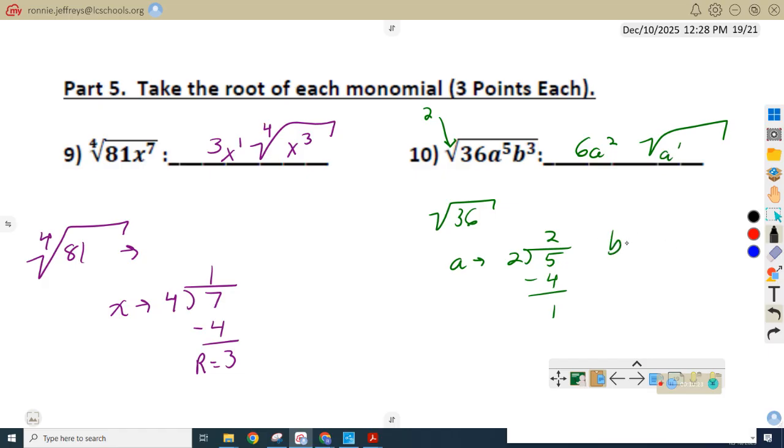Our B, 2 goes into 3 one time, remainder 1. Now, you don't have to do the powers of 1, but if writing the powers of 1 helps you to understand it, that's perfectly fine, because that's also the way I'm teaching it.